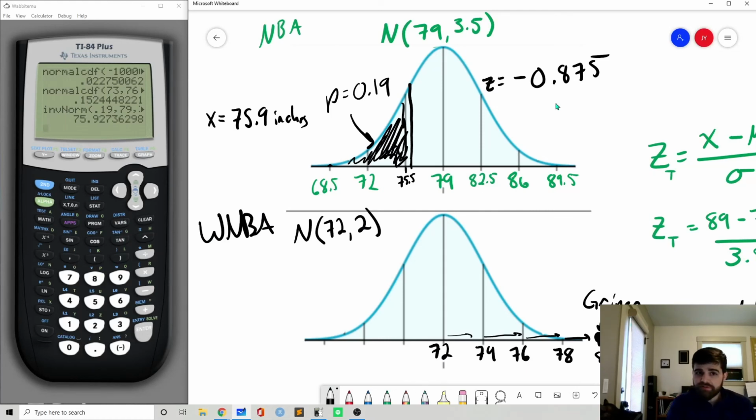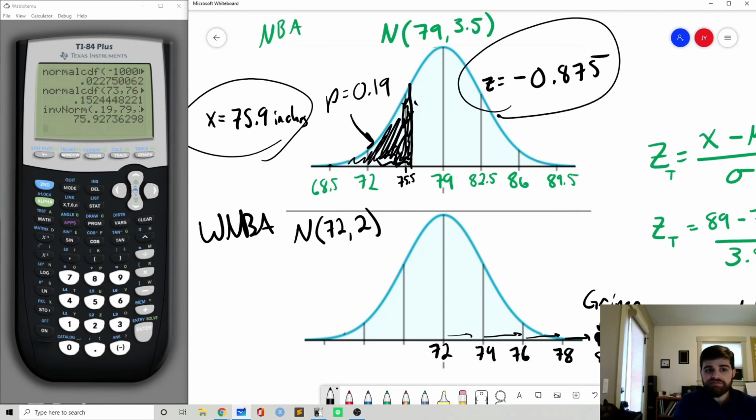If we know the z-score and we know mean and standard deviation, we can get to this value. You can see from my little bad drawing that this is about negative 0.875 standard deviations below the mean. It's not exactly -1, but we're working toward that. So using table A, we can get to the z-score and then use the z-score to get to x.